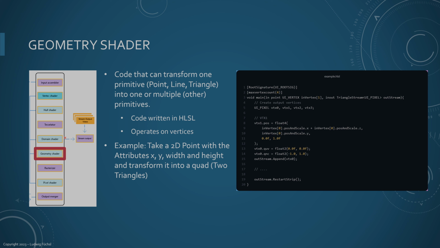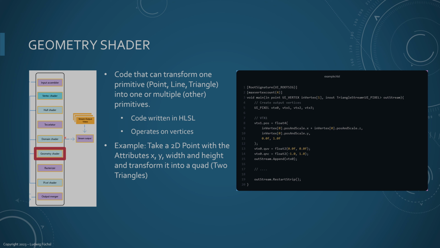Points into quads is a common thing that I have also done with an example code here on the right. The general idea is that the geometry shader gets an input vertex, and it computes output vertices out of that. So the vertex has first been shaded with the vertex shader, it has processed them, and then it's passed to the geometry shader.